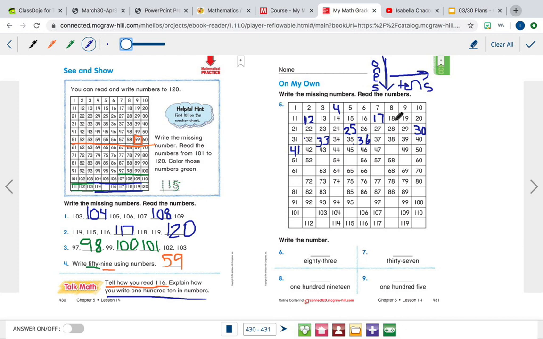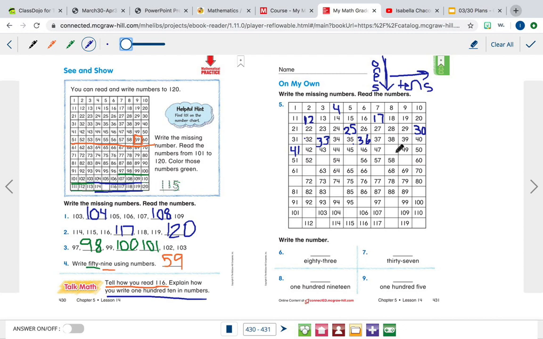Once you know these little shortcuts, like up and down is the ones place, side to side is the tens place, then you don't always have to go back and say, okay, 1, 2, 3, 4, 5, 6, 7. No, you don't have to do that. Now what you can do is you can just go up, down, side to side.